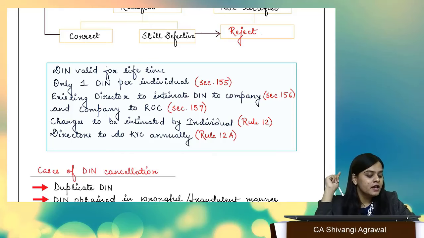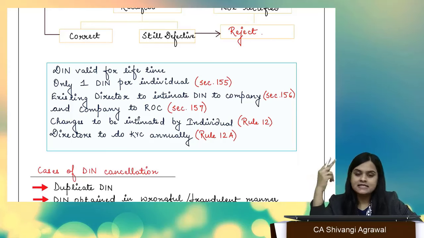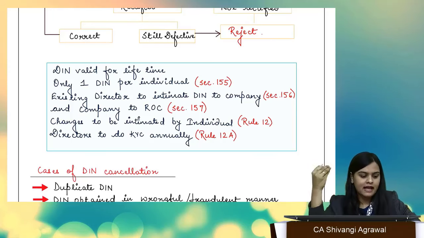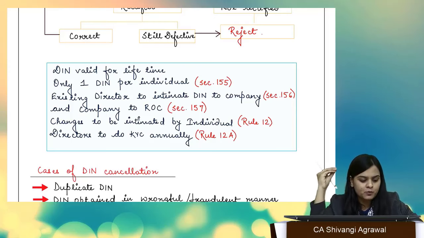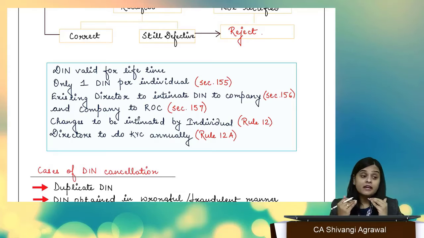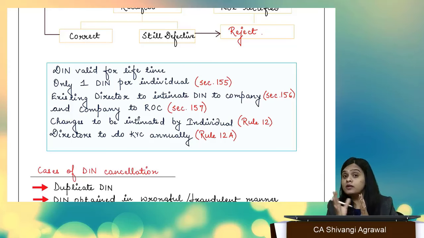So first, you make an application for DIN in DIR 3. Second, the central government allots you the DIN when they find the application is in order. Third, you're prohibited from obtaining more than one DIN. If you now want to become the director of any company, you cannot become one without DIN.